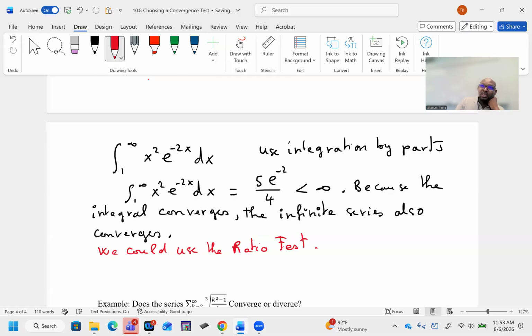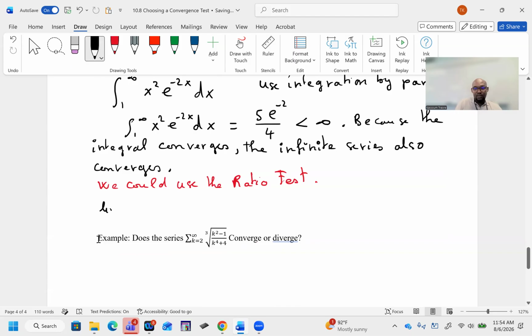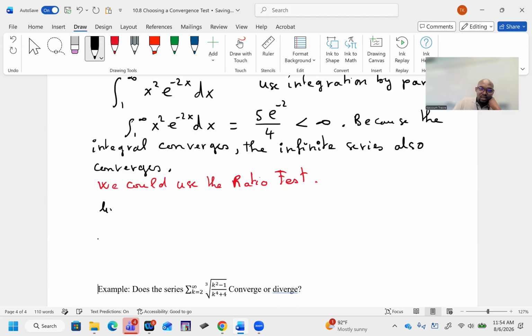We could use the ratio test. For the ratio test, we will find the limit of (k plus 1) squared times e to the power of negative 2(k plus 1) divided by k squared times e to the power of negative 2k as k approaches infinity.